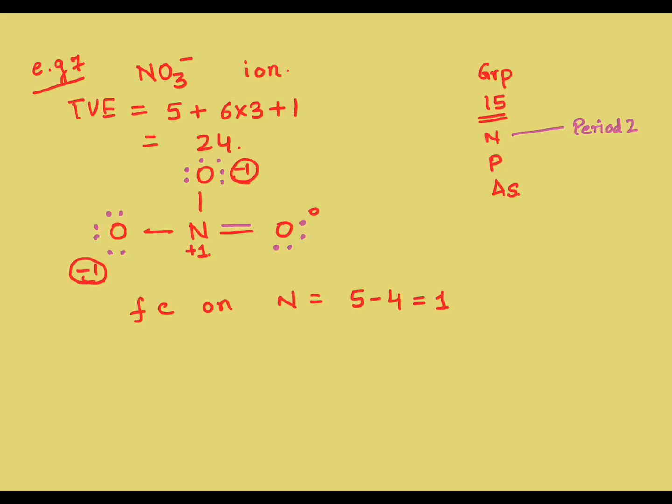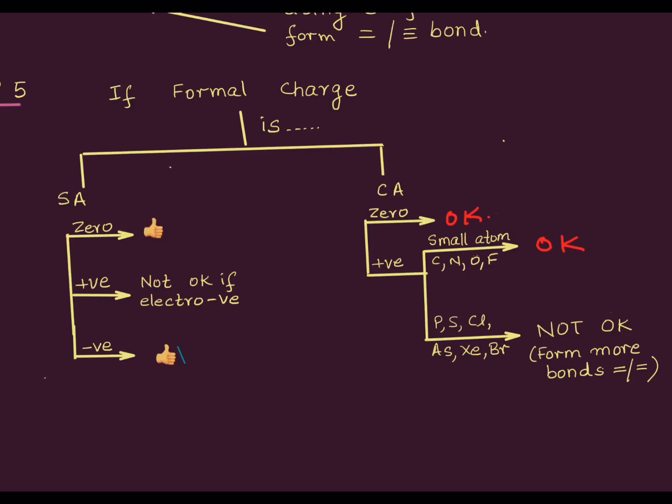So now look at the charge. There's a +1, -1, -1. So net formal charge on the ion is -2 plus 1 is -1, which is right according to the charge on the ion. You see over here?